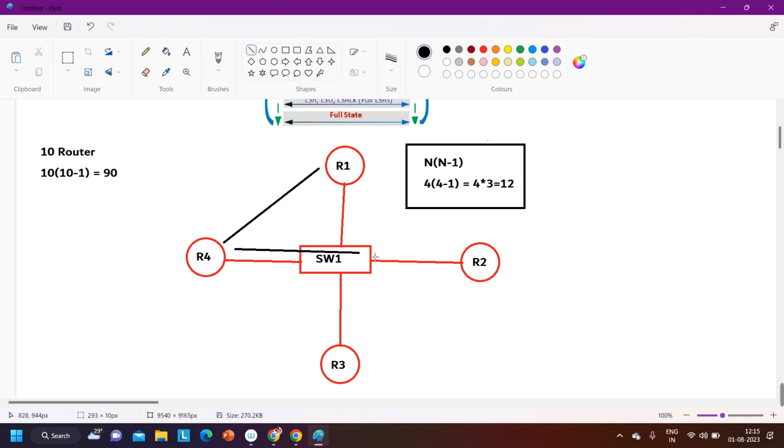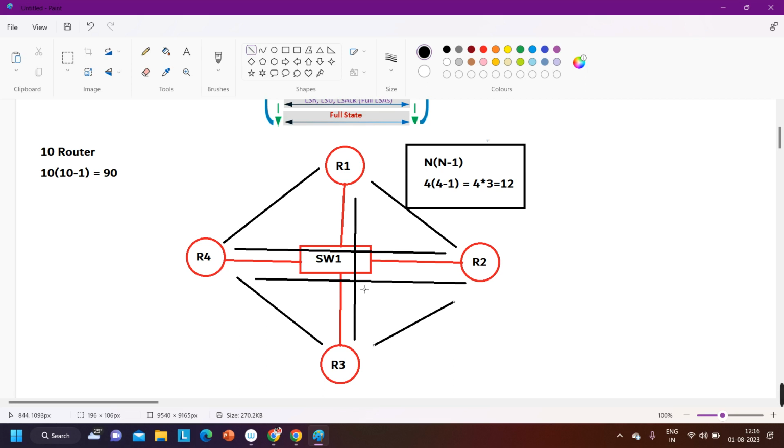So it will share the same network information to router 2 and router 3 also. And router 1 will also share the same information with these neighbors, because all are its neighbors. Then when router 2 receives any network information from router 1, the same network information will be flooded by router 2 to router 4 and router 3, its neighbors. So in this type of network, the amount of flooding is very high, and the number of adjacencies is very high.